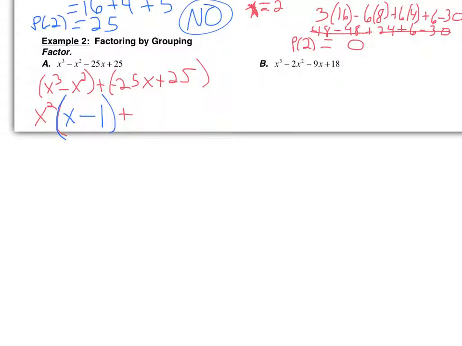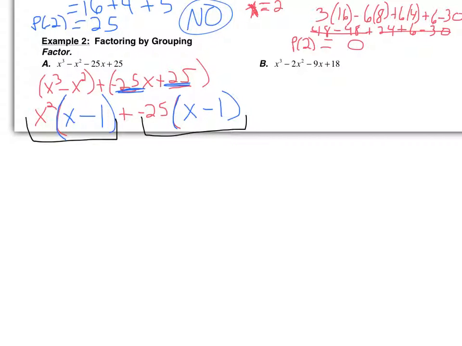And then plus, between these two, they have a negative 25 in common. So if I divide negative 25 here, I just get x, and I divide this by negative 25, I get a negative 1. So notice that this is one term, and this is another term, because they're added together.